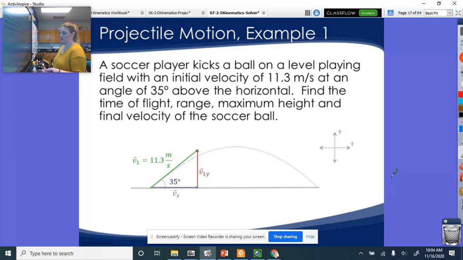So if I'm going to write all these down in either my horizontal or my vertical, I know that my total initial velocity is 11.3. So I need to solve for my Vx and my Vy.